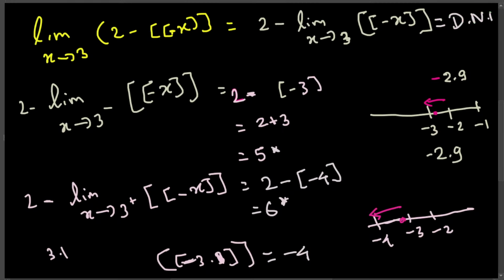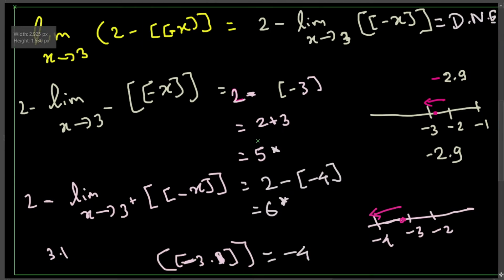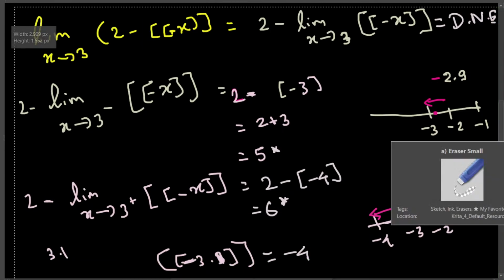Now let's look at another problem. Let's say we have this question: the limit as x approaches negative 2 from the left side of the greatest integer of negative x.